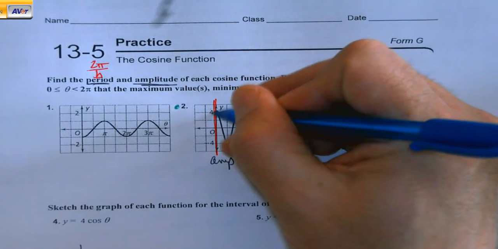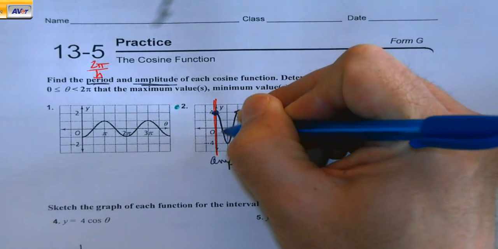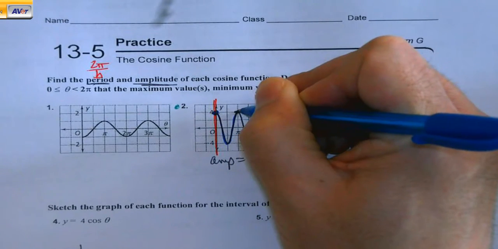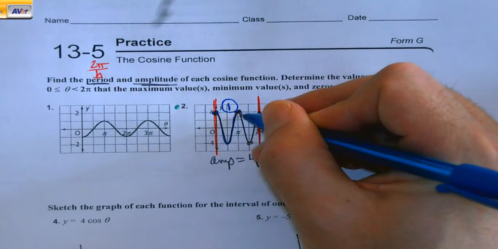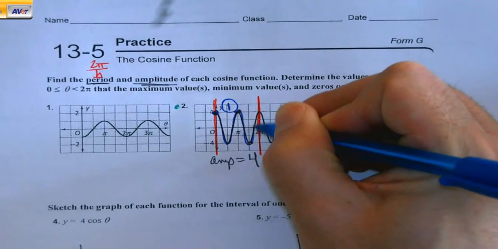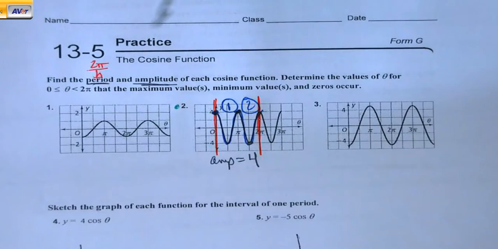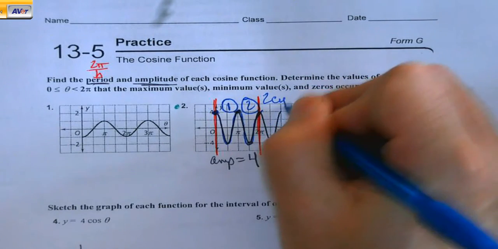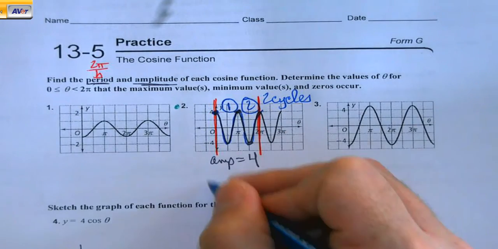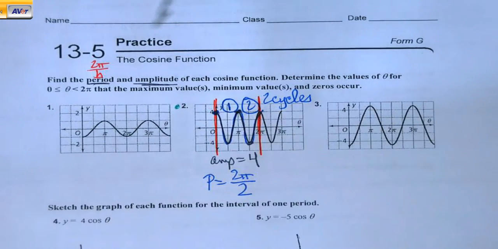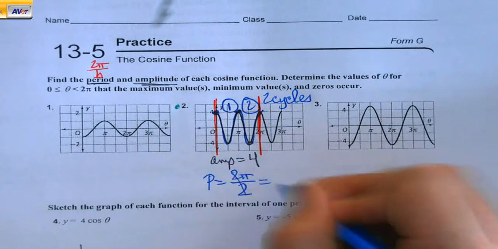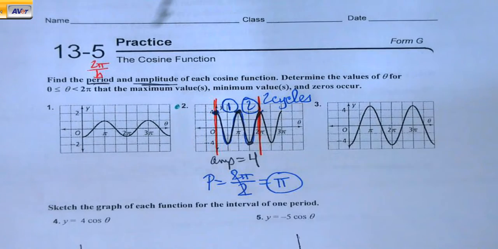So I start here, I go 0 to the bottom, 0 to the top. Okay, so there's one cycle. And I start over again. 0 to the bottom, 0 to the top. 2 cycles. So if I have 2 cycles, my period is 2 pi over b. Number of cycles is my b. The 2's cancel. My period is pi.